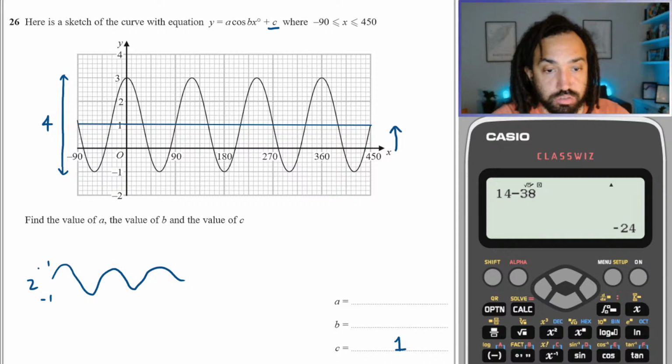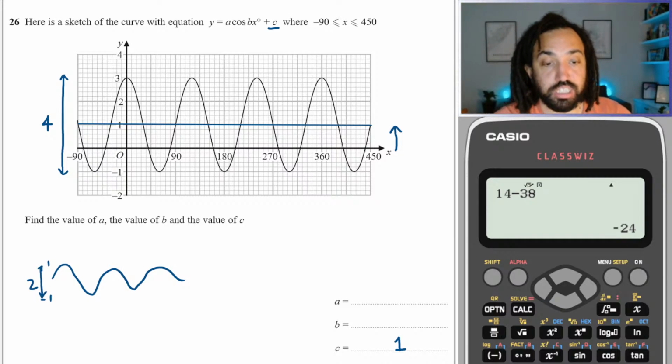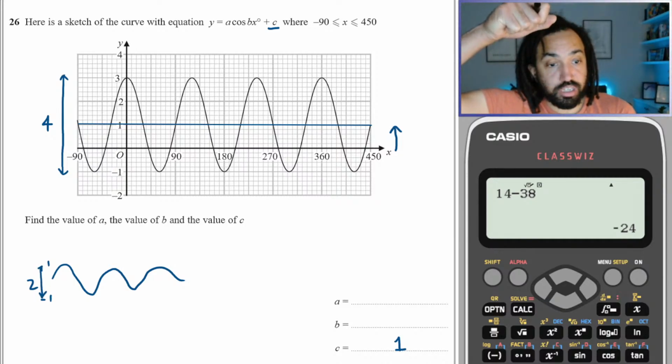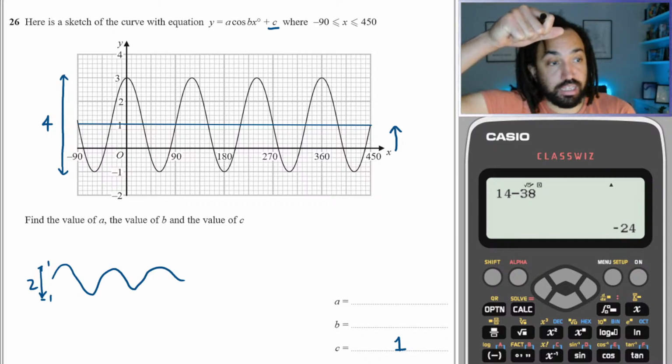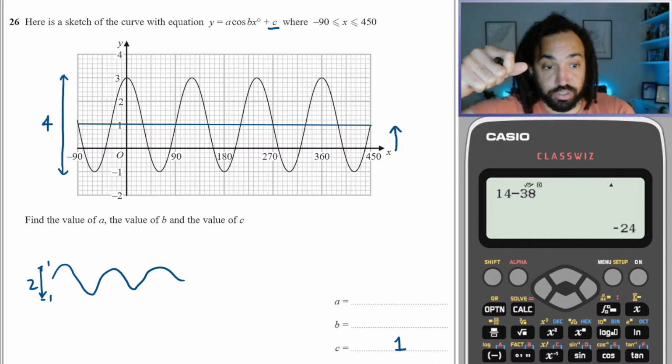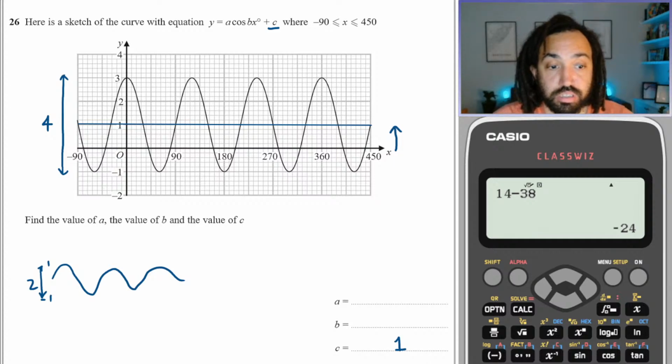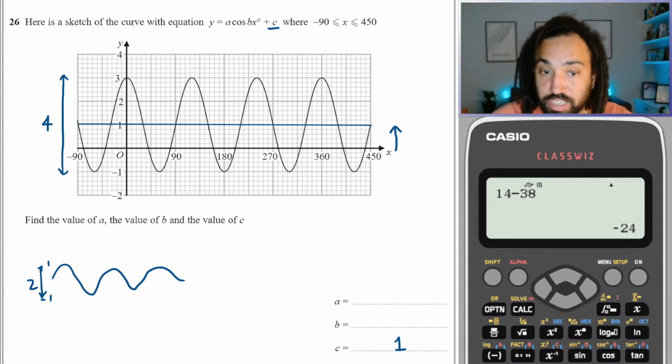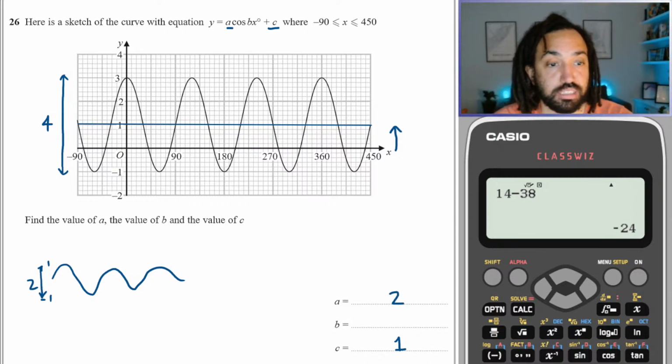Whereas the original cos graph has only a range of 2 units. So it's been stretched by a factor of 2. So therefore the stretch is what you multiply the function by. So that a means it's 2, like that.